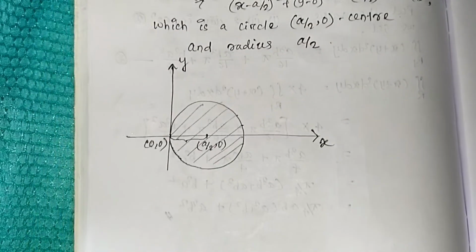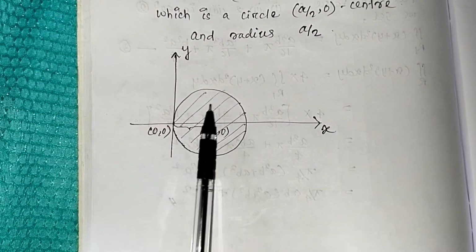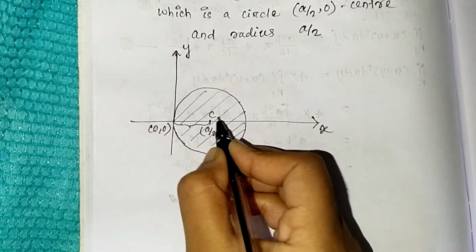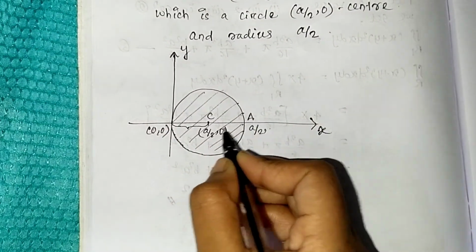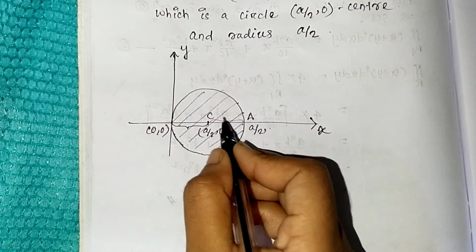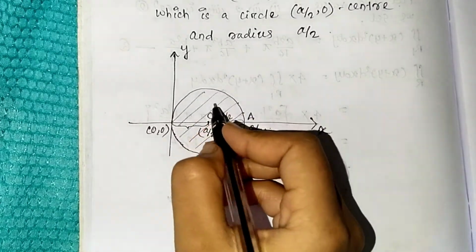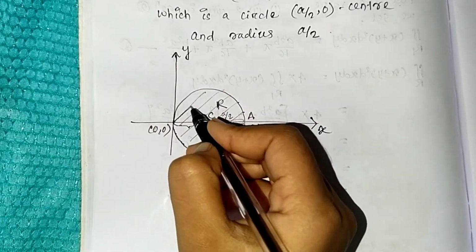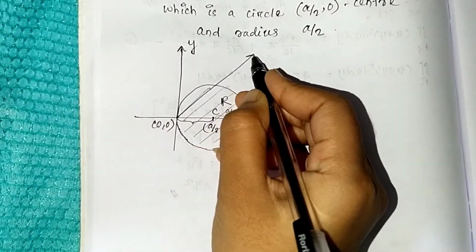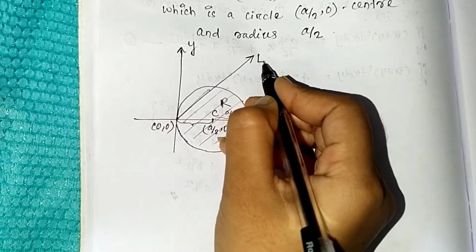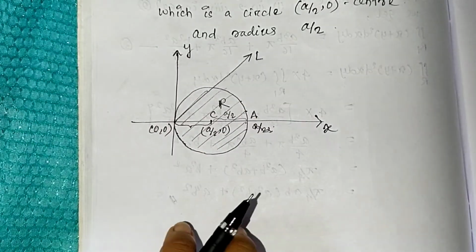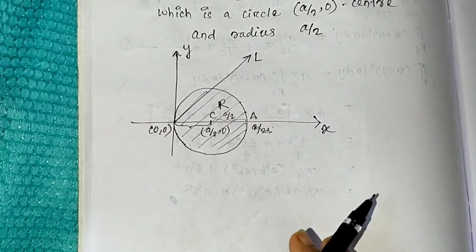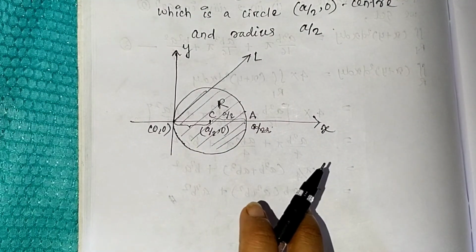So we find this much area. This is our center, this radius is a by 2 and this is our region. We draw a line L. For finding the region in polar coordinates, we draw a line like that. Then we solve the problem.